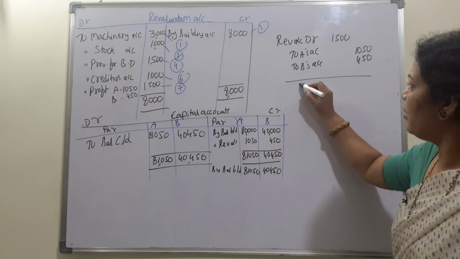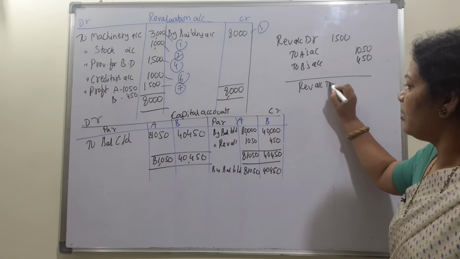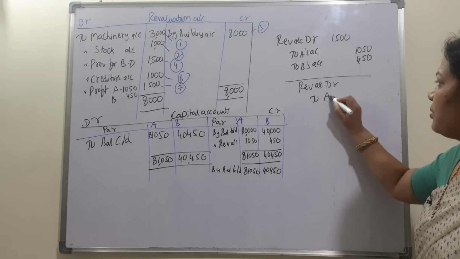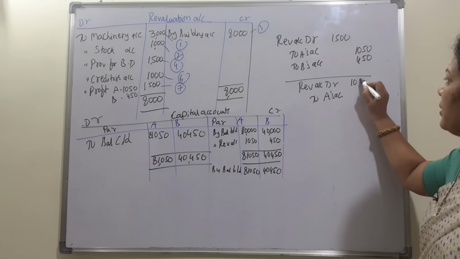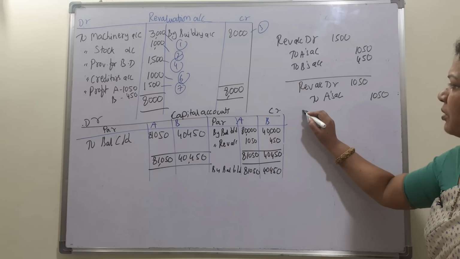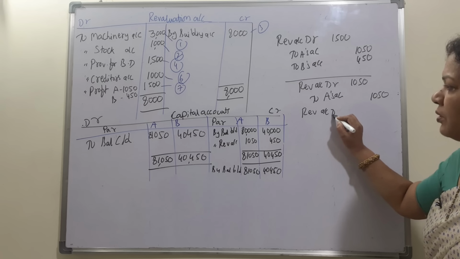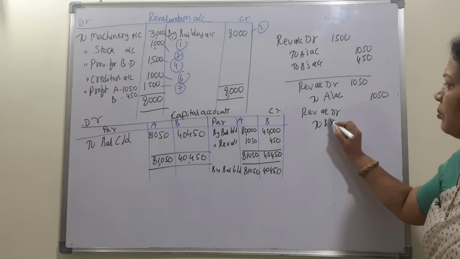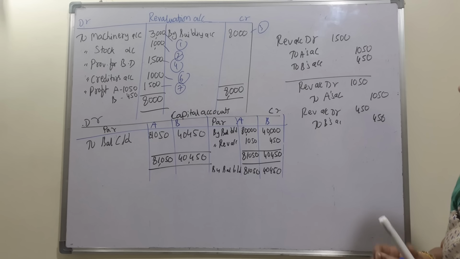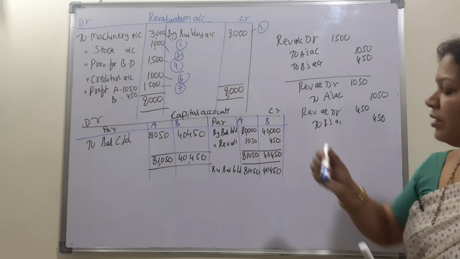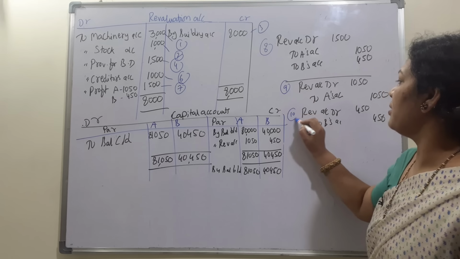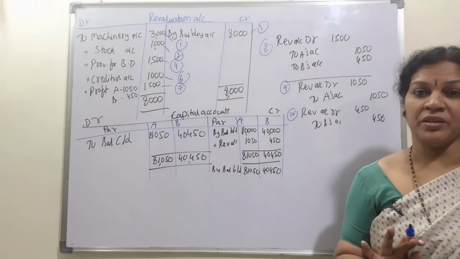So revaluation account attached to A's account, 1050. And in the same way, revaluation account attached to B's account, 450. So altogether how many entries did we get? 7, and this is 8, 9 and 10. Total 10 journal entries we got.